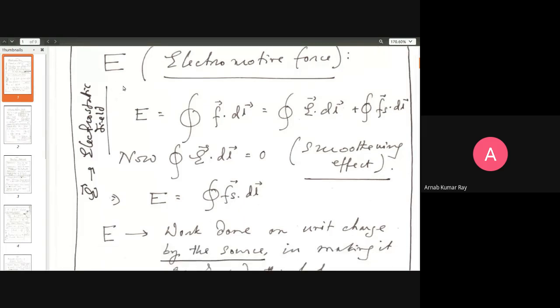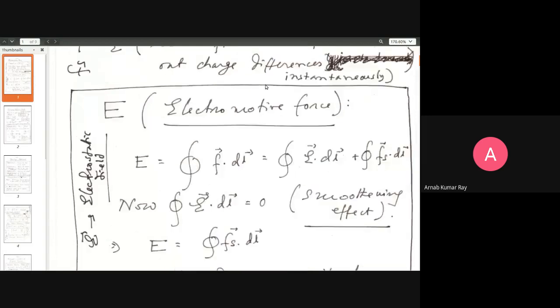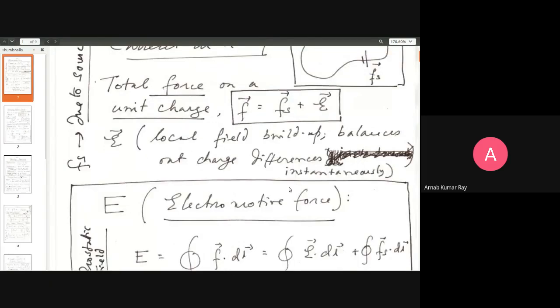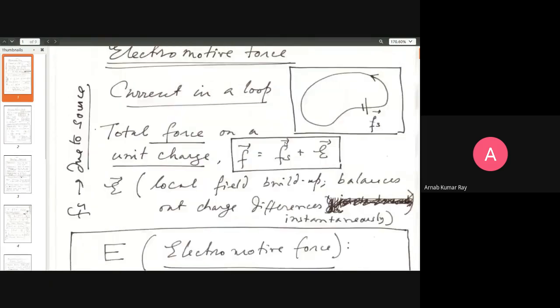This thing is defined as the electromotive force. Once again, I stress this is not to be confused with this E. This E is the electrostatic field, the electrostatic field that has been created due to a local charge buildup.